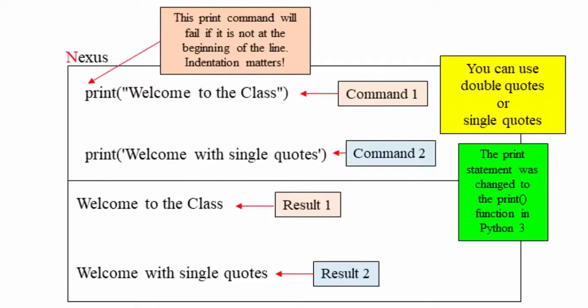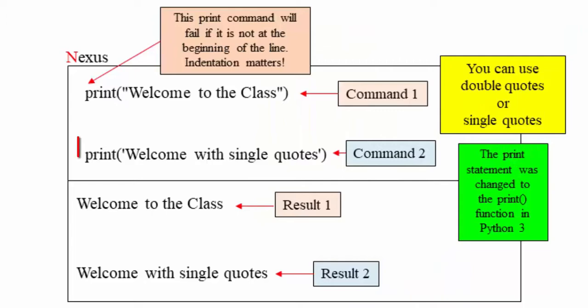So in lowercase, in the very first place, you say print. Then I've got an open paren after a space, and I've got double quotes. Welcome to the class. Double quote ends it. Close paren, and it's going to print welcome to the class.